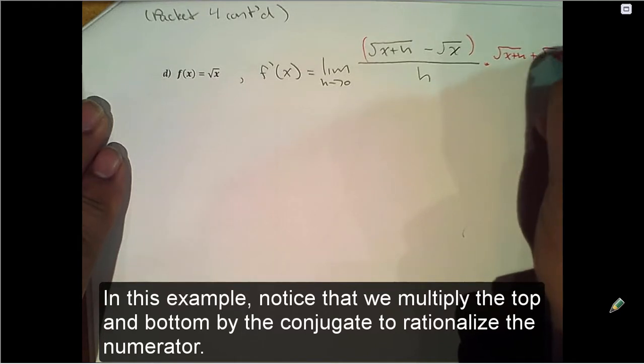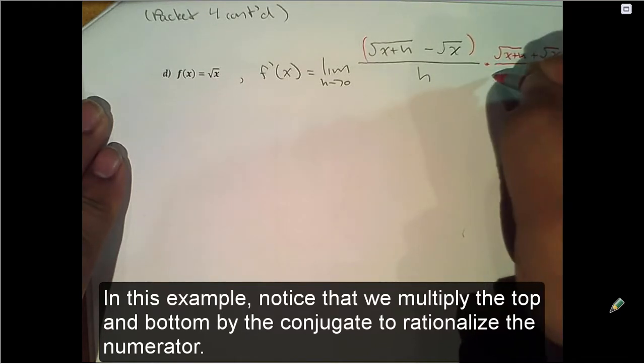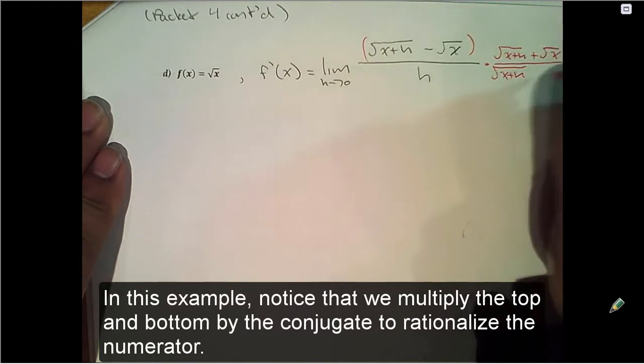In this example, notice that we multiply the top and bottom by the conjugate to rationalize the numerator.